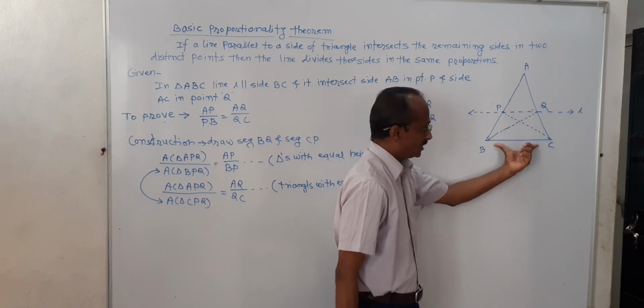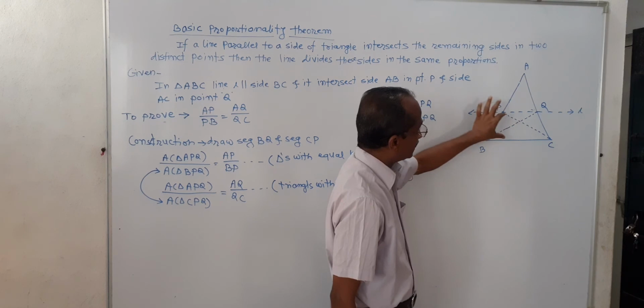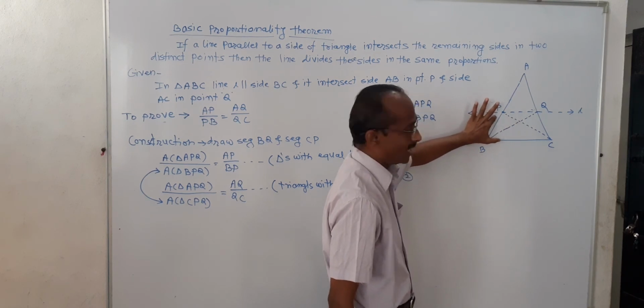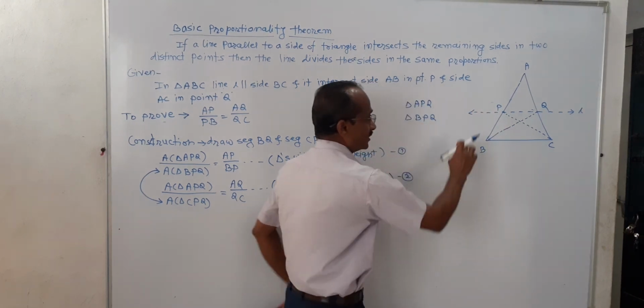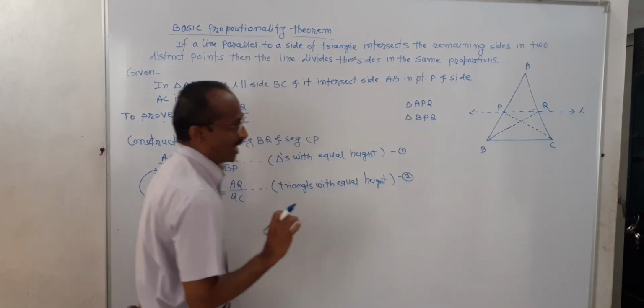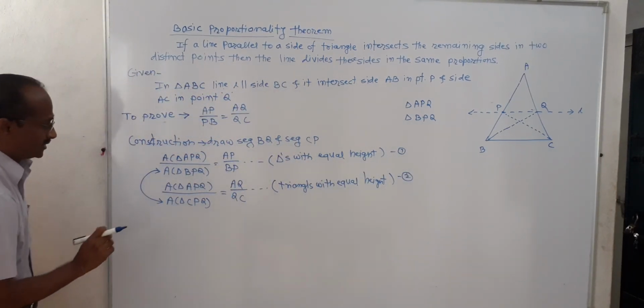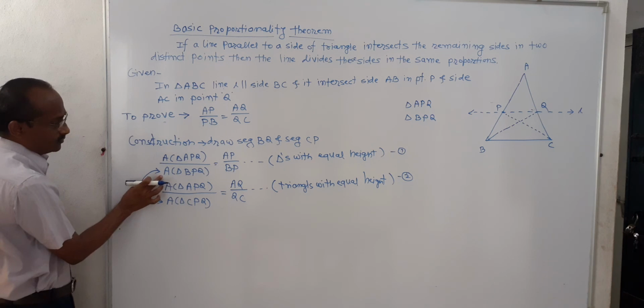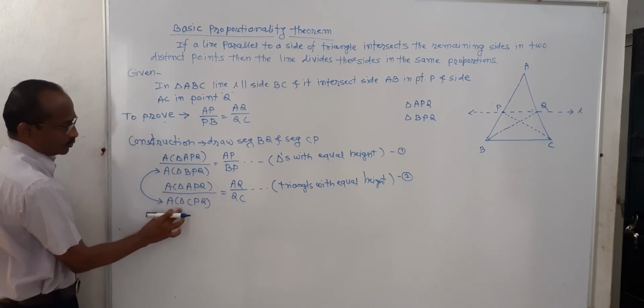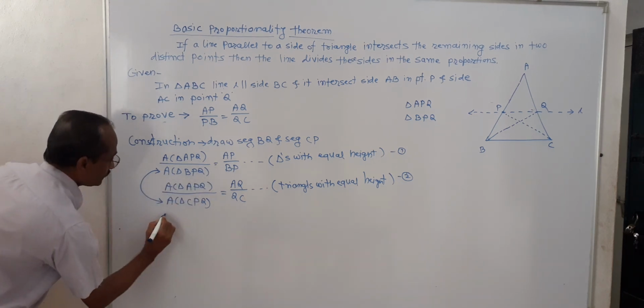They have the same base BC, and as they stand in between two parallel lines, they have equal height, and therefore the area of triangle BPQ equals the area of triangle CPQ.